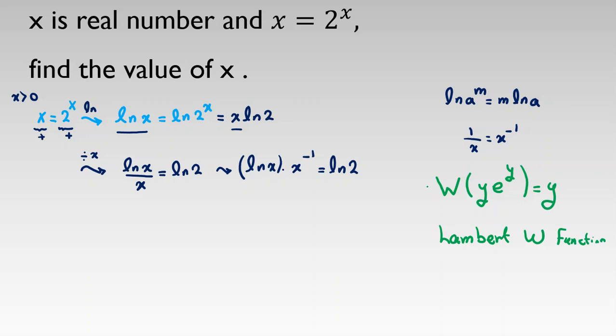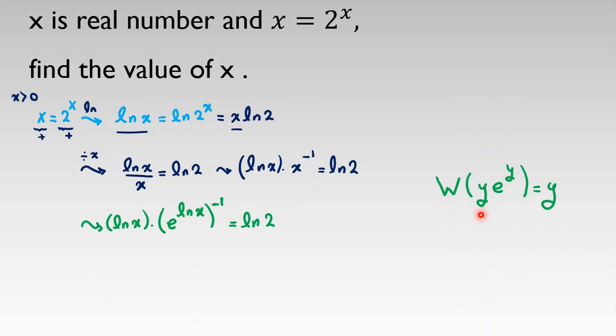But if you want to use it here, here it is ln x, it is not x to the negative 1, it's not e to the power of something. So we can use what? We know that x equals e to the power of ln of x, by definition of logarithm. So I replace x with e to the power of ln of x: ln of x times e to the power of ln of x, to the power of negative 1, equals ln of 2.